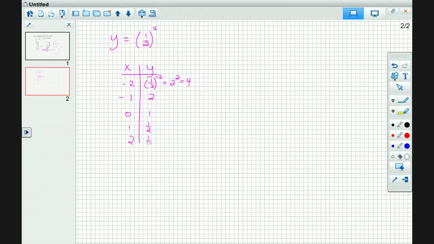And this will be 1/4. Remember, that is 1 squared over 2 squared, right? 1/4. So you can rewrite these as such, and then graph it. Well, that is correct.